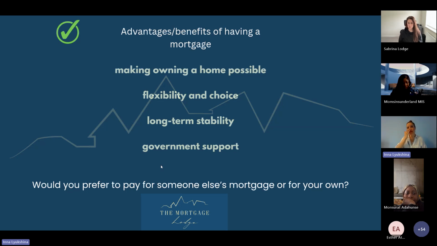Obviously, the closer your age to the retirement age, the more restrictive it becomes in terms of finding the right lenders. But I say it's never too late. Regardless of how old you are, explore this opportunity. If it's impossible, at least you asked. If it is possible, at least you can make it happen potentially.